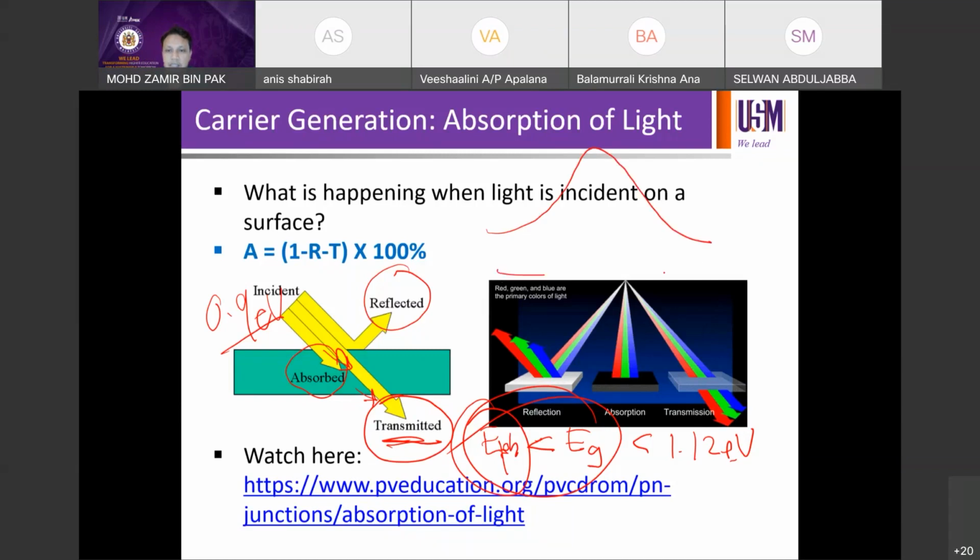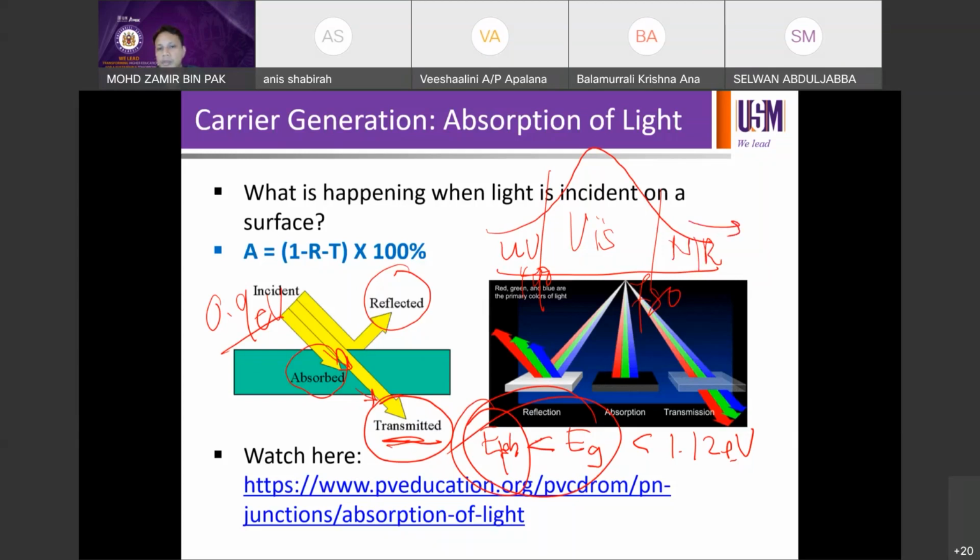Just an intro for this. Our sun has a UV component below 400 nanometer, and a visible component from 400 to about 780 or 800, then near infrared, and going forward is infrared.